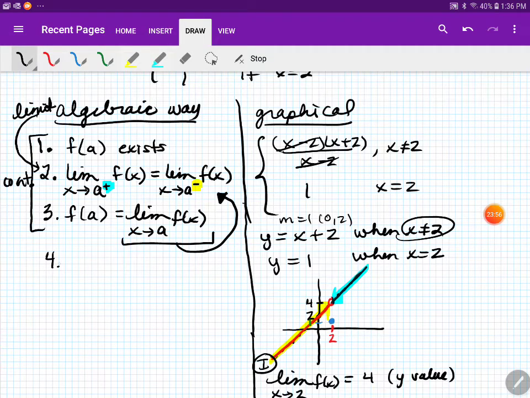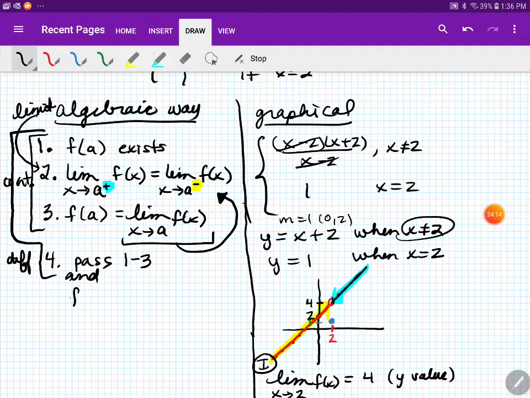And then 4 is differentiability. So for differentiability, it's not just 4, it's 4 all the way back through 1. So you have to pass tests 1 through 3, and the derivative on the left side of a has to equal the derivative on the right side of a.